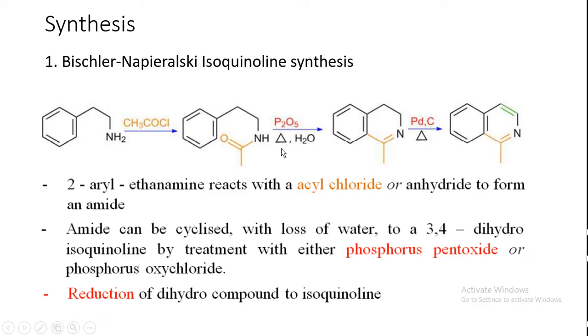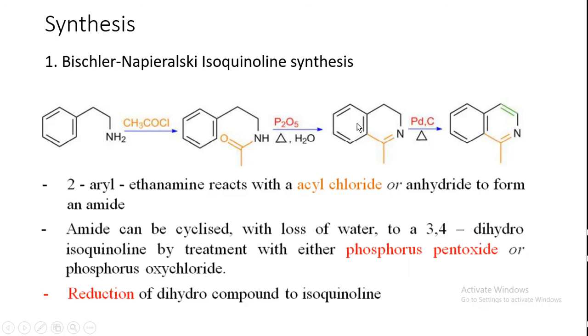That amide undergoes cyclization in the presence of P2O5, phosphorus pentoxide, losing one molecule of water.